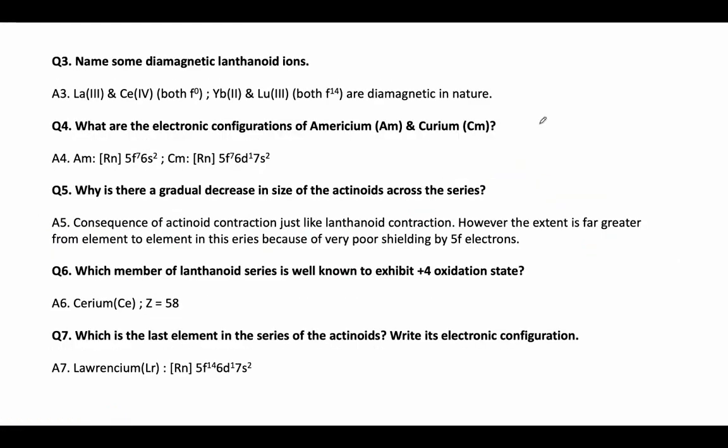Now these questions are very informative in nature, and that's why I have clubbed them together. First one is: name some diamagnetic lanthanide ions.